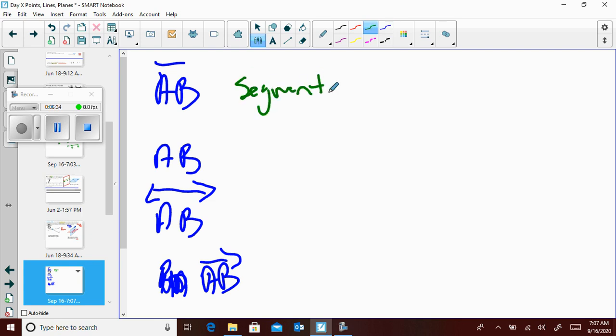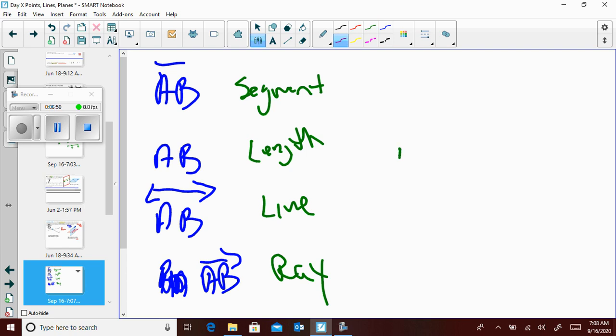Segment, length, line, ray. We'll learn later on that when it's a length, it has value. There's value. You can actually find the length. So this is for later on. This is a preview. We would say AB equals something. A segment, there's no value to a segment.